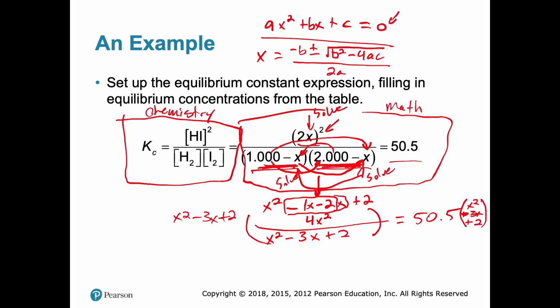So what does that do? That cancels out these down there. And now you have 4x squared equals 50.5 times x squared minus 3x plus 2.